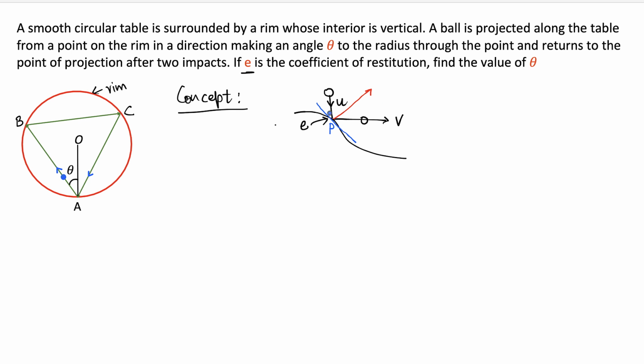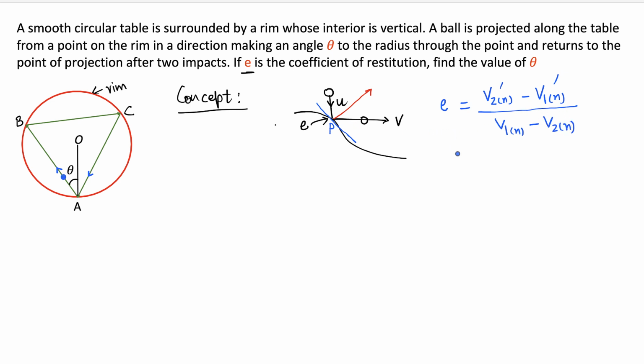And there are two things. So the first equation that you should remember is E equal to V2n prime minus V1n prime divided by V1n minus V2n. I will explain what this is.